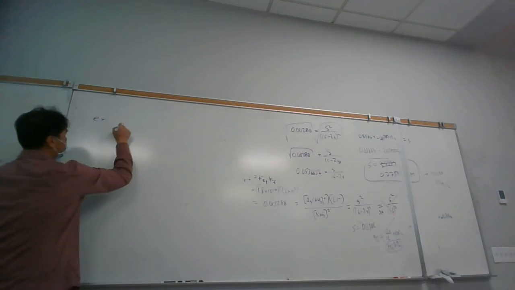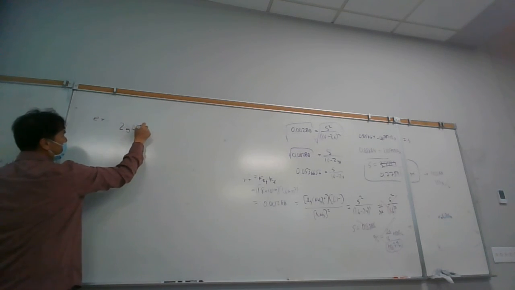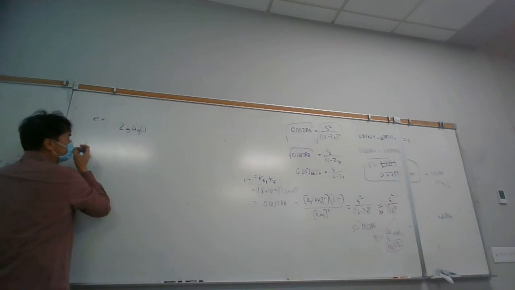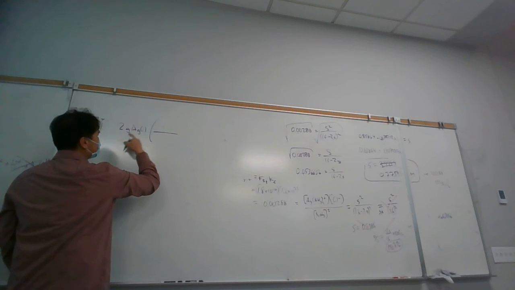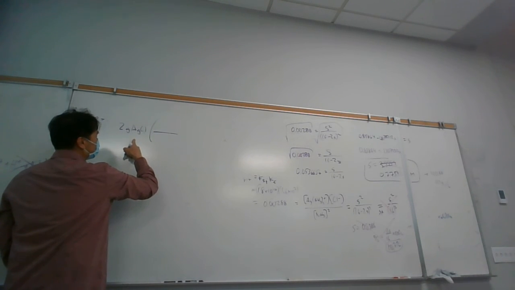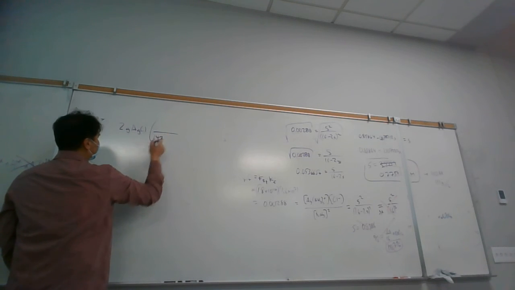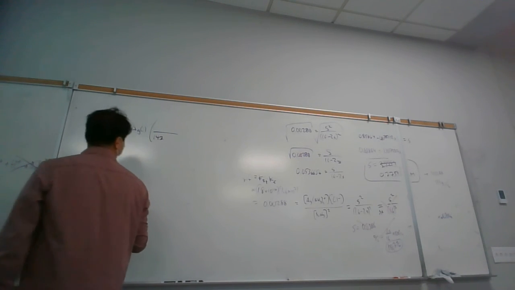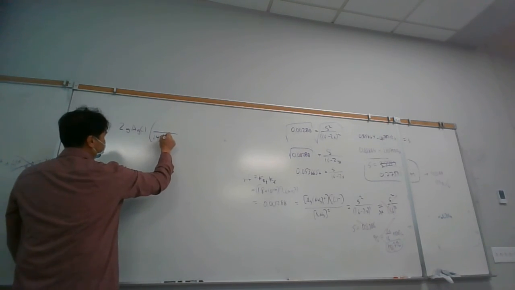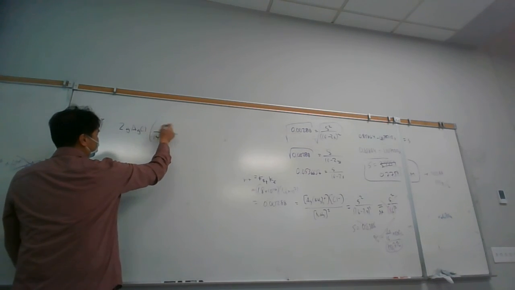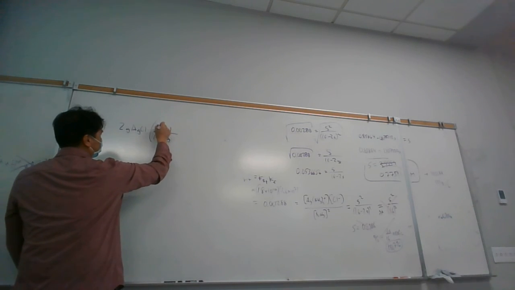So if I wanted to dissolve 2 grams of silver chloride in this, then I'm going to convert this into moles first. And it's 143.32. Well, we'll just go 143. This is just a rough calculation. Grams per mole.